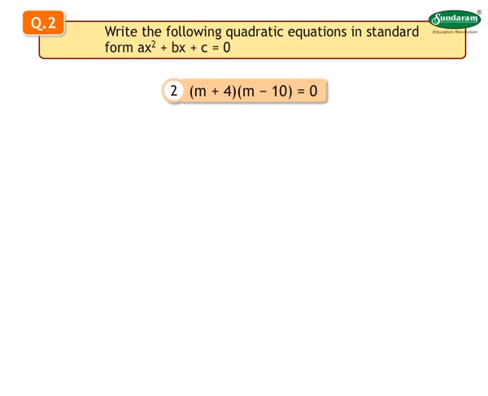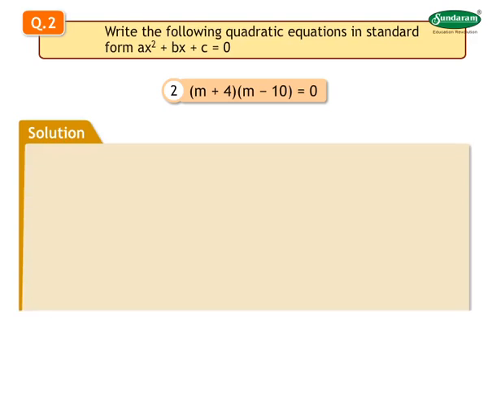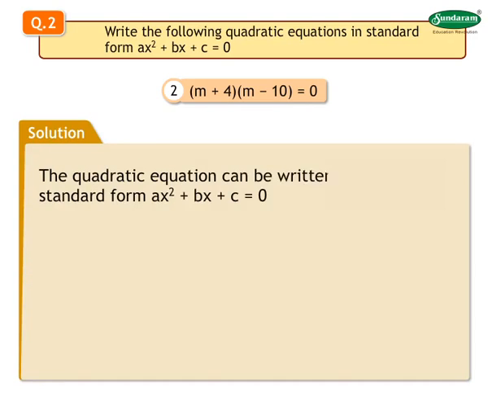Number 2. (m plus 4)(m minus 10) is equal to 0. Solution. The quadratic equation can be written as follows in standard form: ax square plus bx plus c is equal to 0.